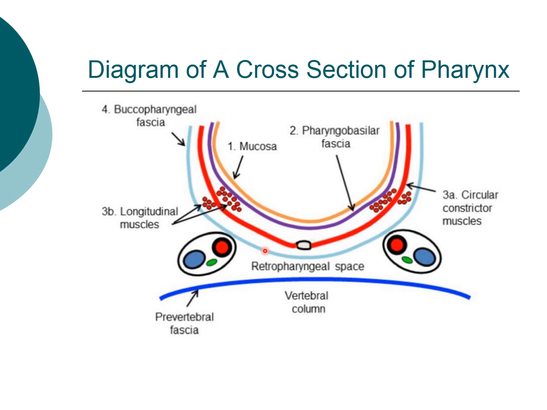This diagram also shows lots of important things, like the relations of the pharynx. On both sides you can see this is the carotid sheath: artery, vein, and vagus. And at the back of the pharynx you can find here the vertebrae and the prevertebral muscles, prevertebral fascia, and this space here is called the retropharyngeal space.